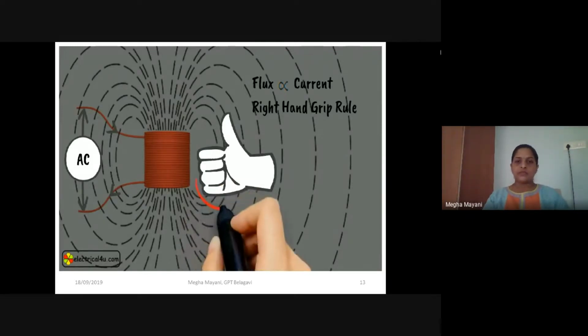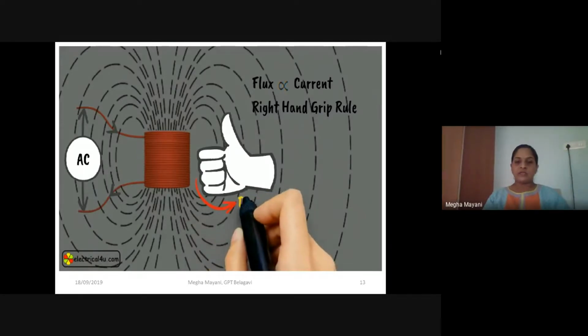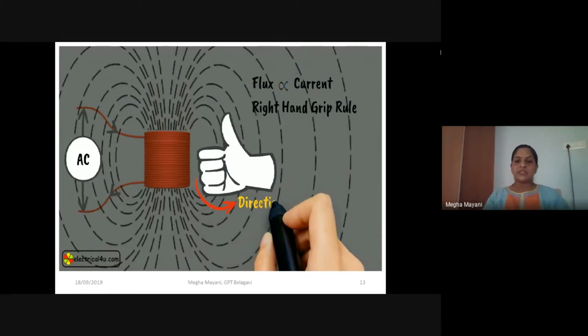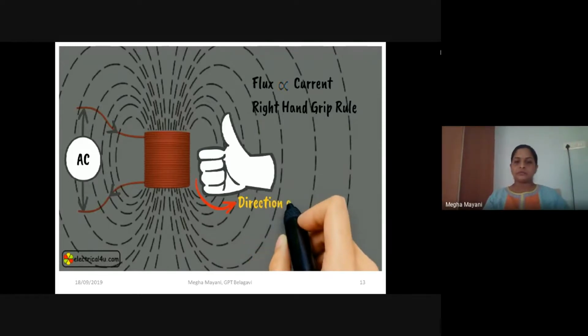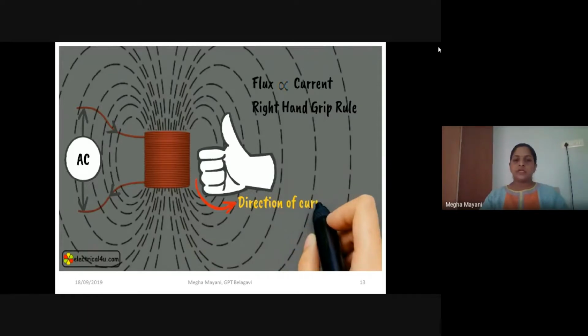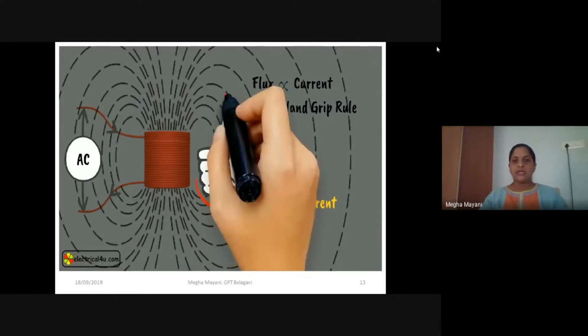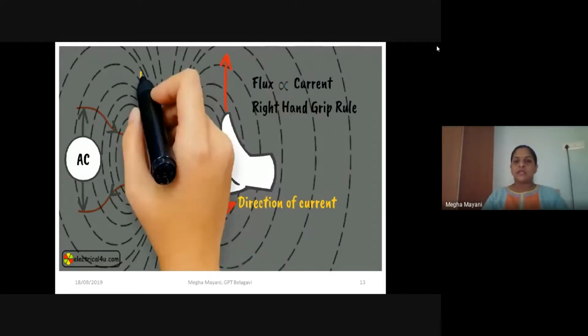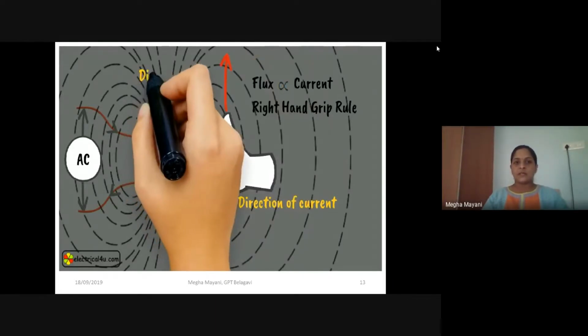So you can observe, if the fingers of your right hand represent the direction for current, and the thumb is aligned along the axis of the coil, then always the thumb direction will give us the direction of flux.